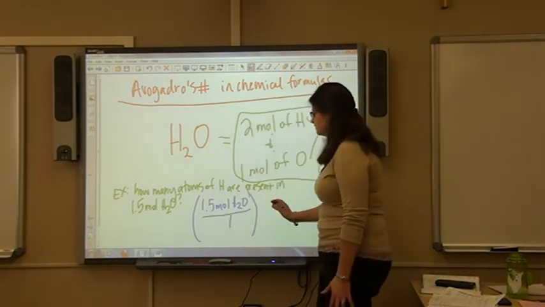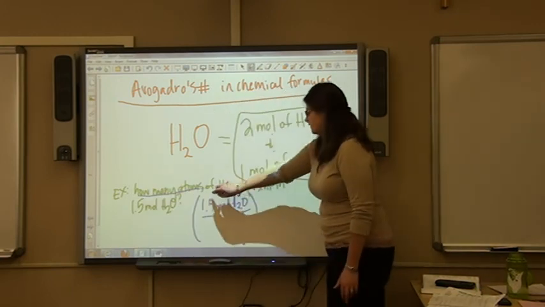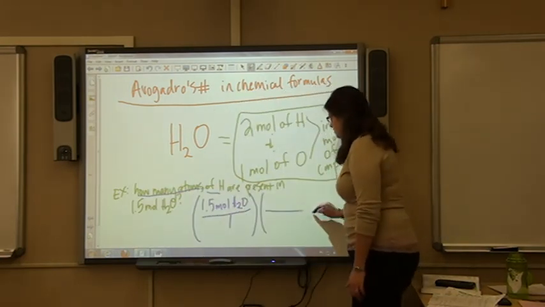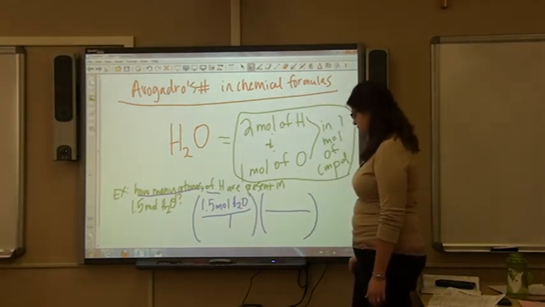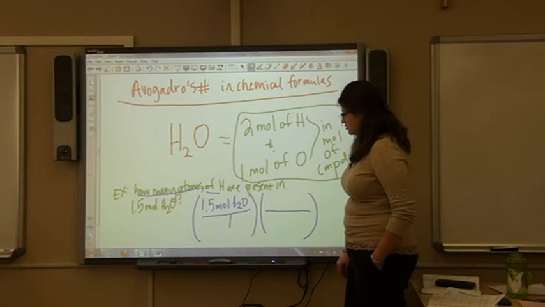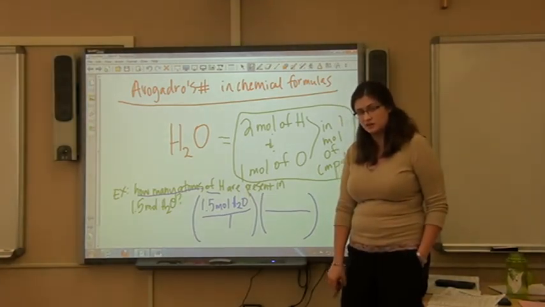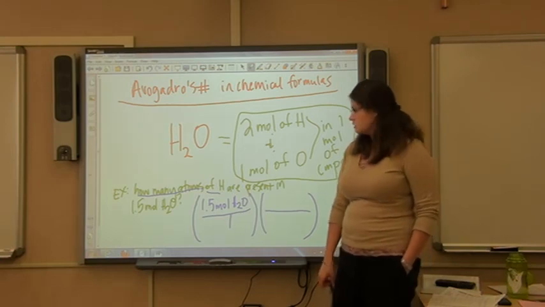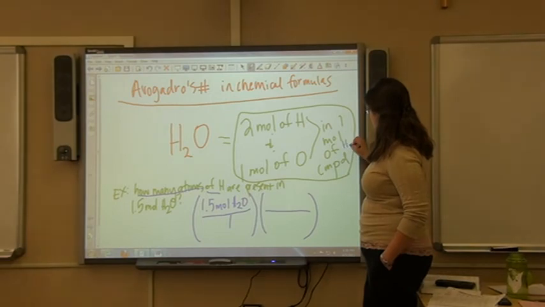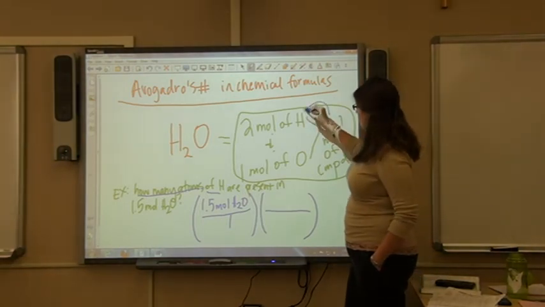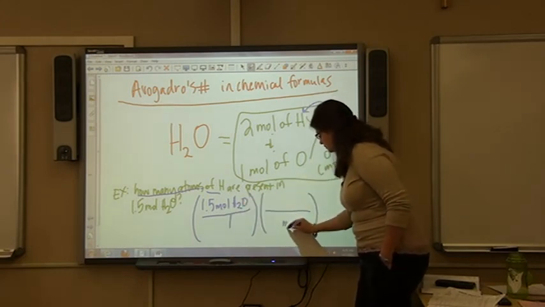And now the point of our exercise is to figure out how many atoms of H. So here our unit is moles of H2O. Now, if we were to right away calculate number of atoms, that would give us the number of atoms of, or molecules of H2O. So we need to convert here between moles of H2O and moles of H. This unit goes on the bottom.